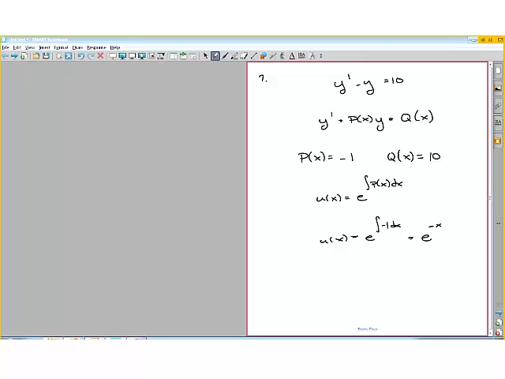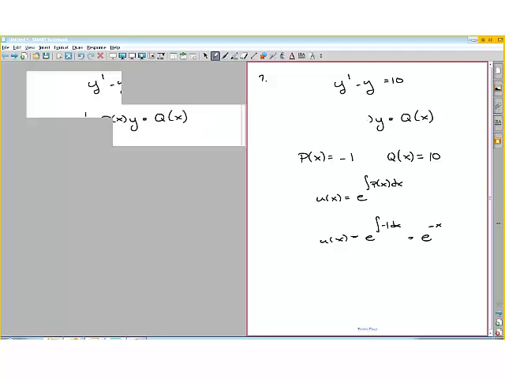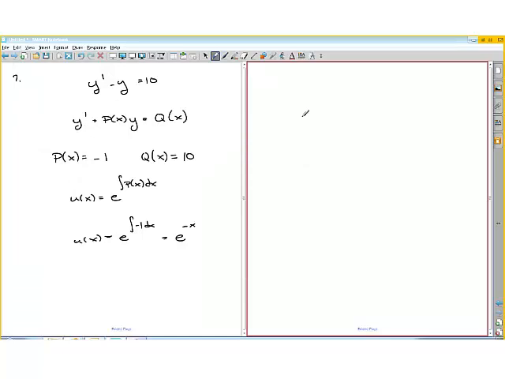So the way we've learned in class is we take the original equation and we multiply it by the integrating factor. So we multiply everything. So I'm just going to put the original equation in parentheses and have the integrating factor multiplied by everything.